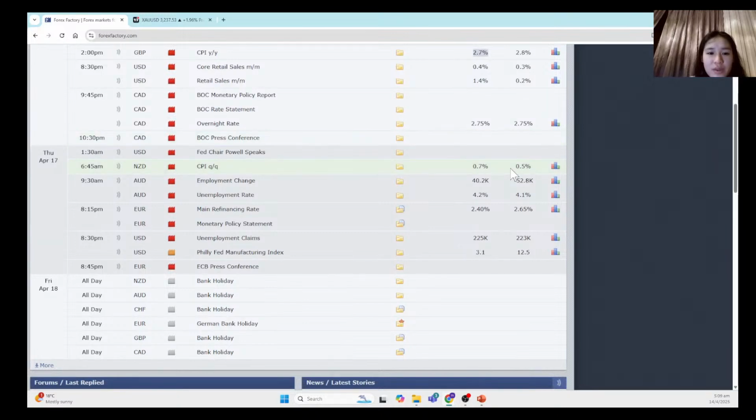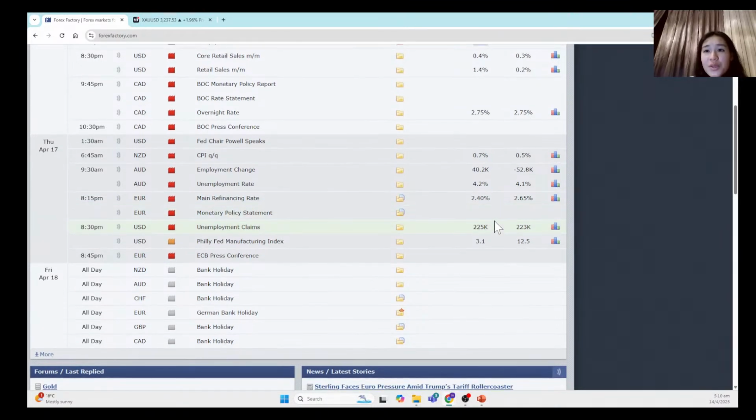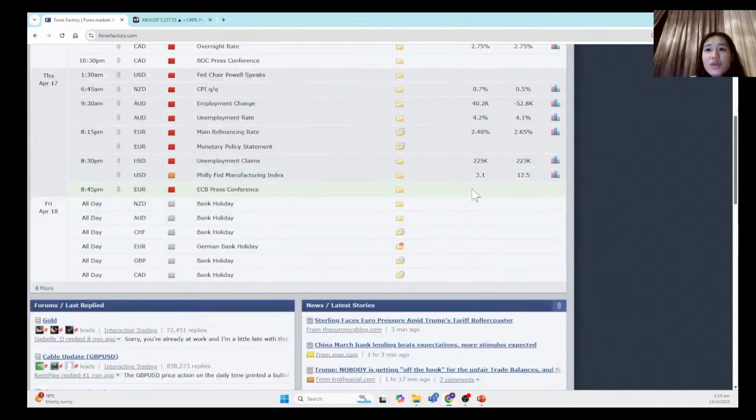Next on Thursday, we have Fed Chair Powell speaking, Kiwi CPI data, Aussie employment change, unemployment rate, Euro's main refinancing rate, monetary policy statement, US unemployment claims, Philly Fed manufacturing index, Euro's ECB press conference, and on Friday we have Good Friday. So we have Kiwi, Australia, Swiss, Euro, UK, and Canadian bank holidays.